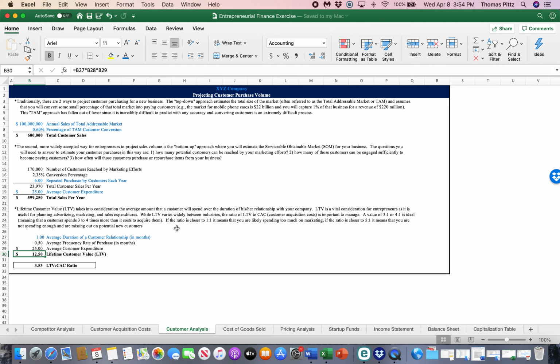What that's saying is that if it's lower than that, if it's 1 or 2, boy, you're spending an awful lot to acquire customers who aren't providing you that much value, and your margins are probably lacking. So either your product or service isn't compelling enough for customers, or you're spending in the wrong places.